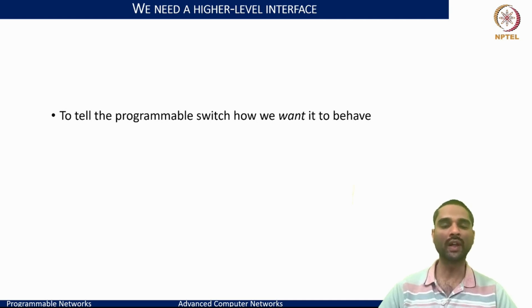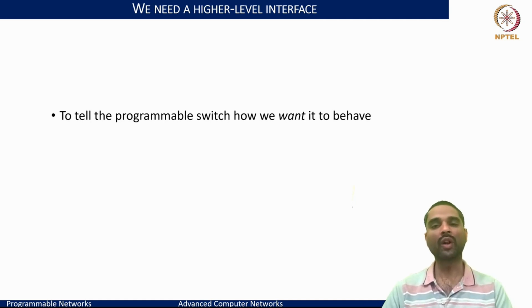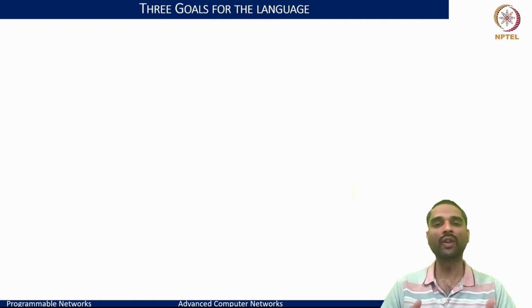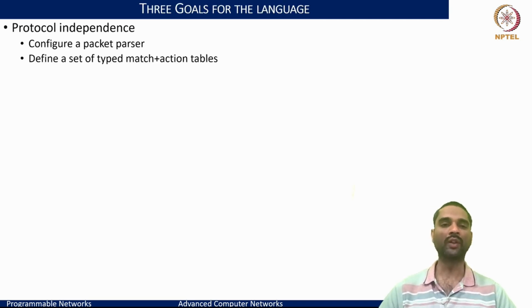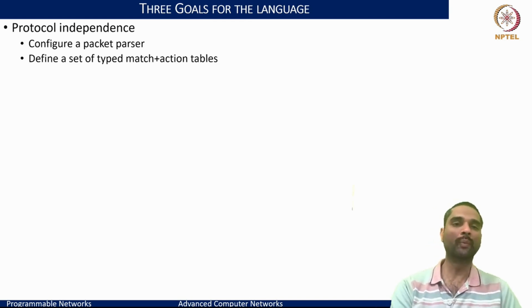These were the key aspects that P4 tried to look at. That is, to tell the programmable switch how we exactly want it to behave and what is the means by which we can try to build such a model or a behavior. And for that, three of the aspects were considered quintessential. One is protocol independence.